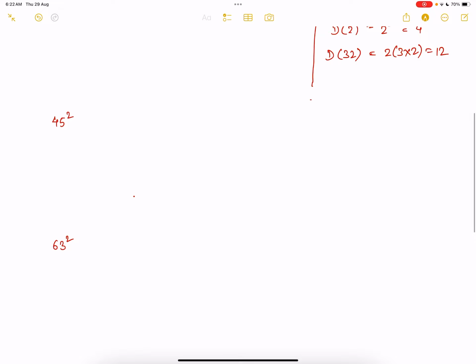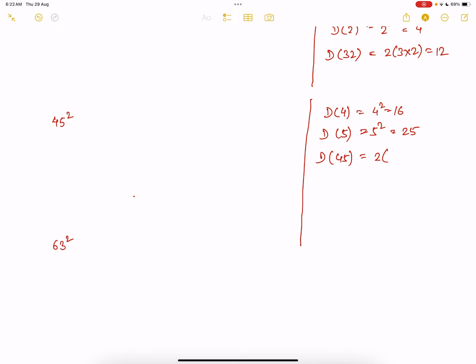Okay. Let's see. Duplex of 4 is 4 square, 16. Duplex of 5, 5 square, 25. Duplex of 45 is 2 into 4 into 5. 4 into 5 is 20, so this is 40.